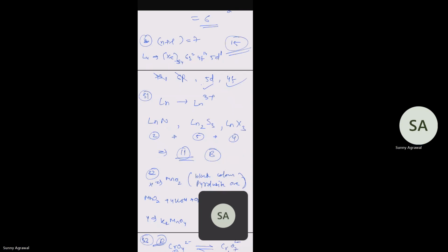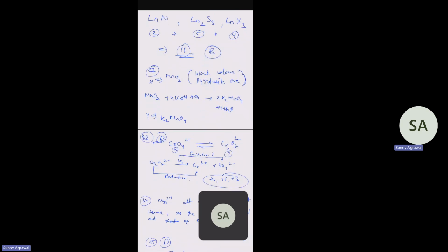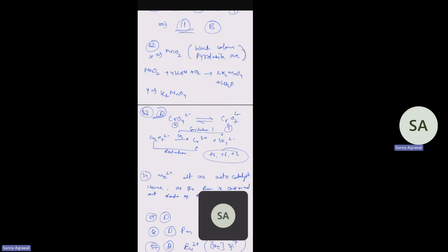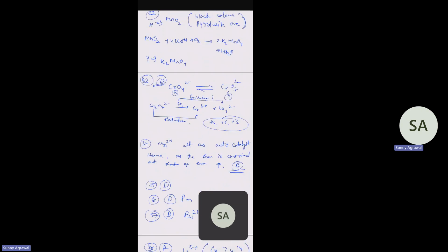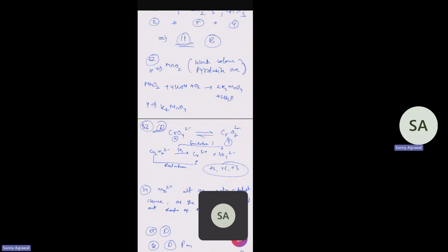Okay. Question number 32. We have to identify, based on the given reaction, what will be the X, Y, and Z in this reaction. So X will be MnO2, a black color compound. MnO2 reacts with base in presence of oxygen, KOH.